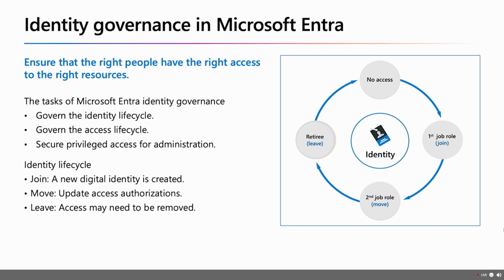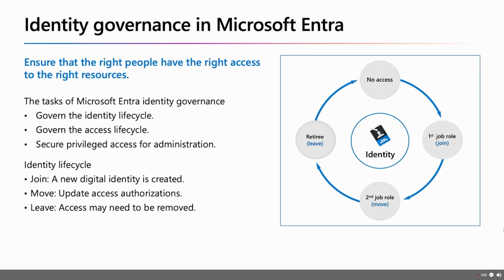When an individual first joins an organization, a new digital identity is created if one isn't already available. Then, when an individual moves between organization boundaries, more access authorization may need to be added or removed from their digital identity. In addition, when an individual leaves, access may need to be removed, and the identity may no longer be required.